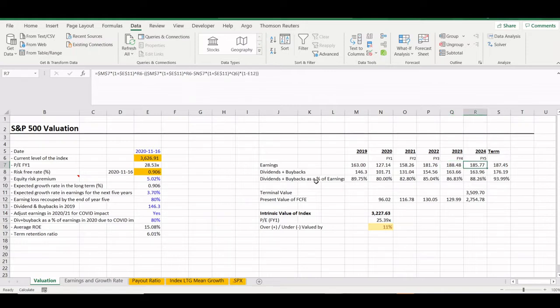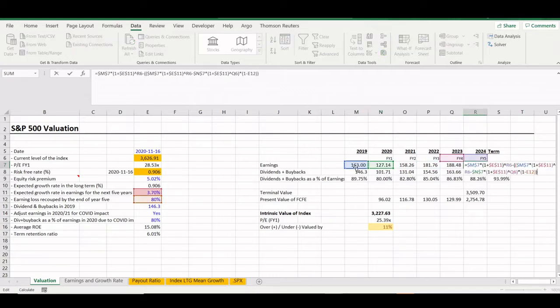But for 2024, we can introduce a scalar factor to determine how much of the loss that has happened in 2020, as you see, this value is much lower than in 2019, is going to be recouped by 2024.